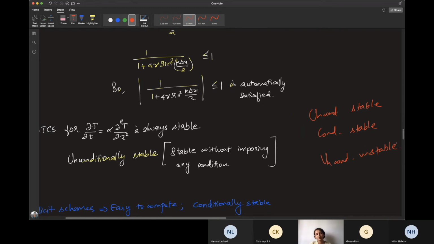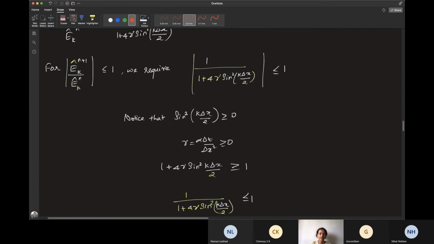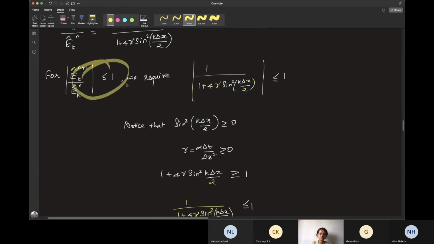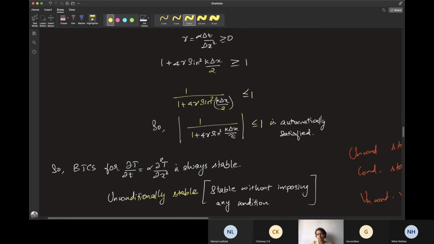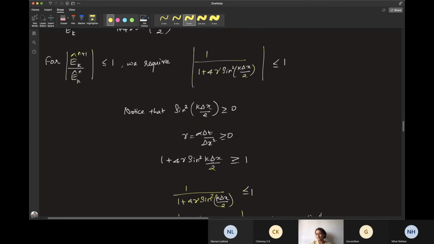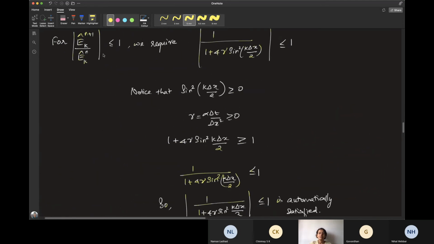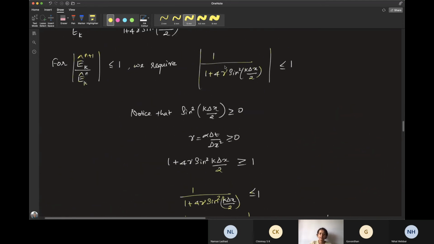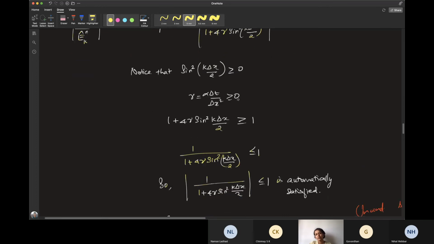That is, in that case, let's say here your amplitude ratio less than or equal to 1 is always satisfied, right? For BTCS, always stable case. For the unconditionally unstable case, you'll again get a requirement, but you'll see that this quantity is always greater than or equal to 1, but not less than or equal to 1.